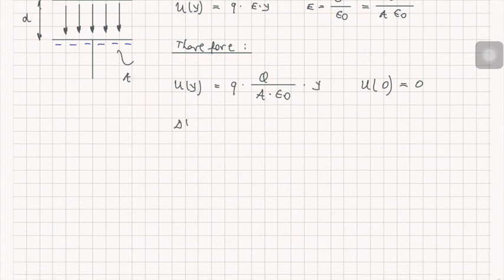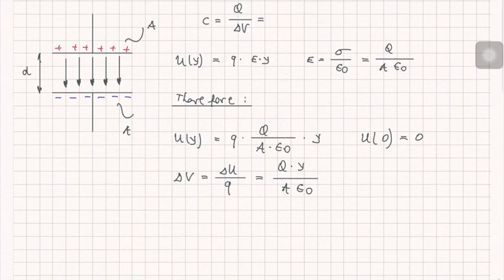So now delta V equals delta U divided by that test charge small q. Therefore, we have capital Q times y divided by A over epsilon naught. Now we can evaluate the potential difference for a specific value, namely y equals d.